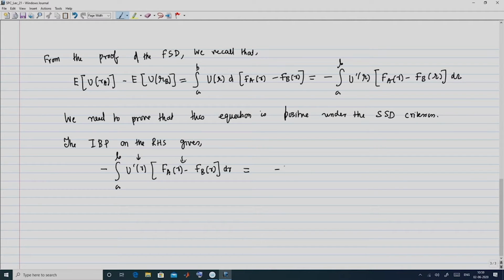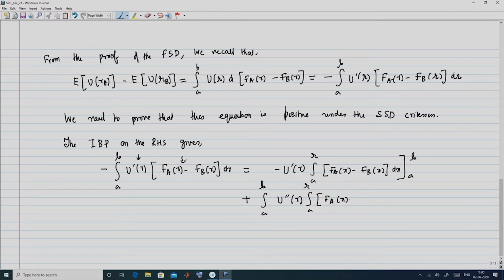So, this is going to be the first function into the integral of the second, in the range a to b, minus the integral of the derivative of the first function. This minus and minus becomes plus u double prime of r into the integral of the second function, that is, integral from a to r of F_A of x minus F_B of x dx, and then integral with respect to dr.